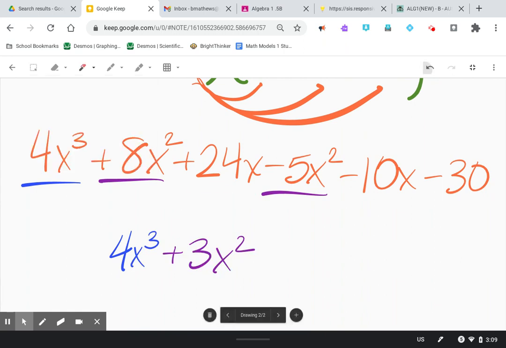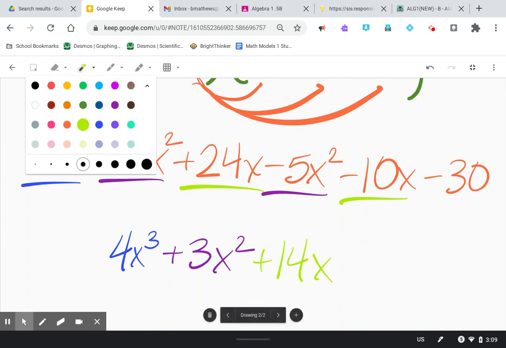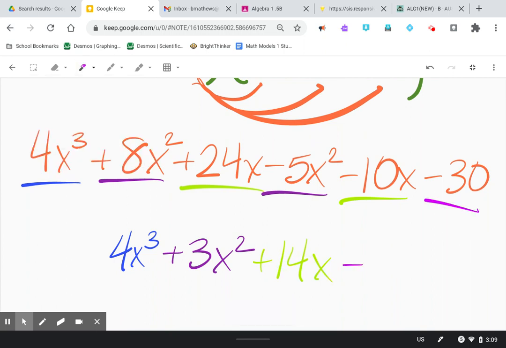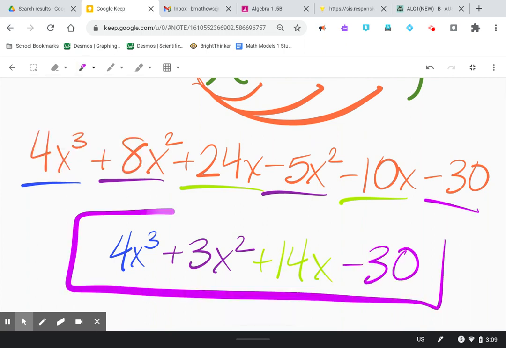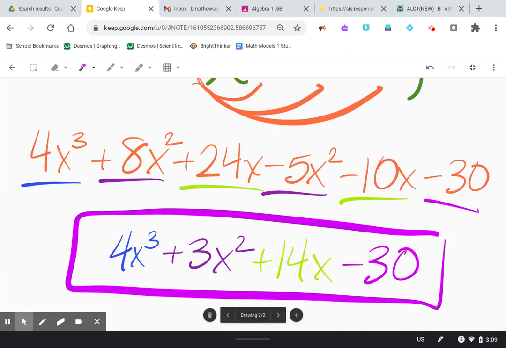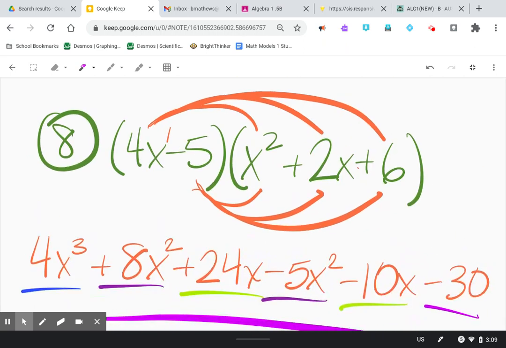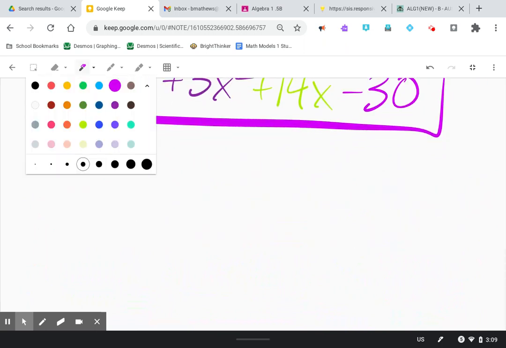Then we have x's here and here. 24 minus 10 makes 14x. And then last but not least, negative 30 comes down. So that would be the final answer. So really, once you get to this upper level of multiplication, it's really just a matter of keeping organized and making sure you've done all the multiplications that you have to get the answer.